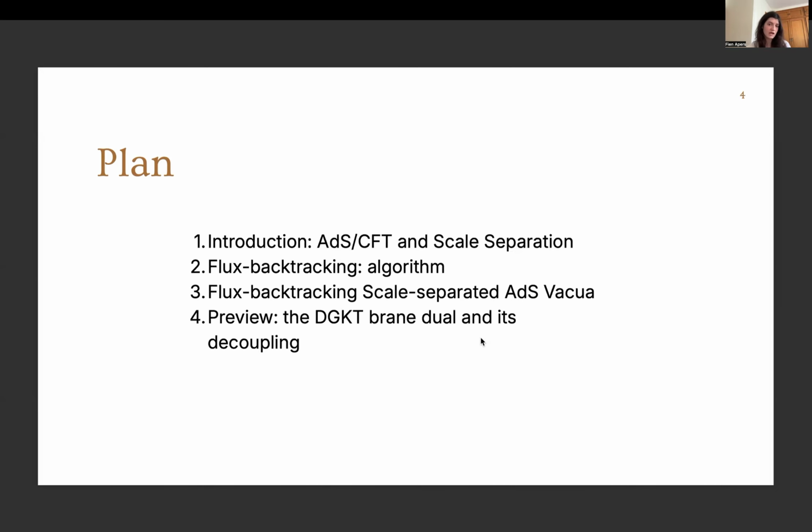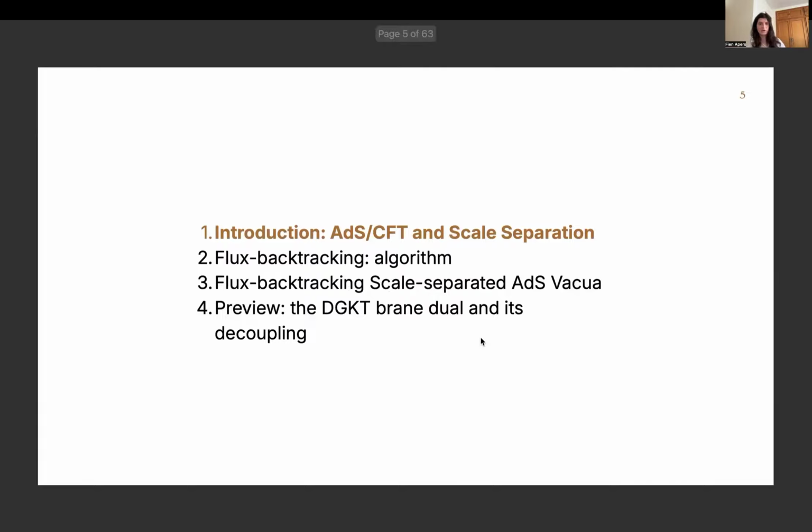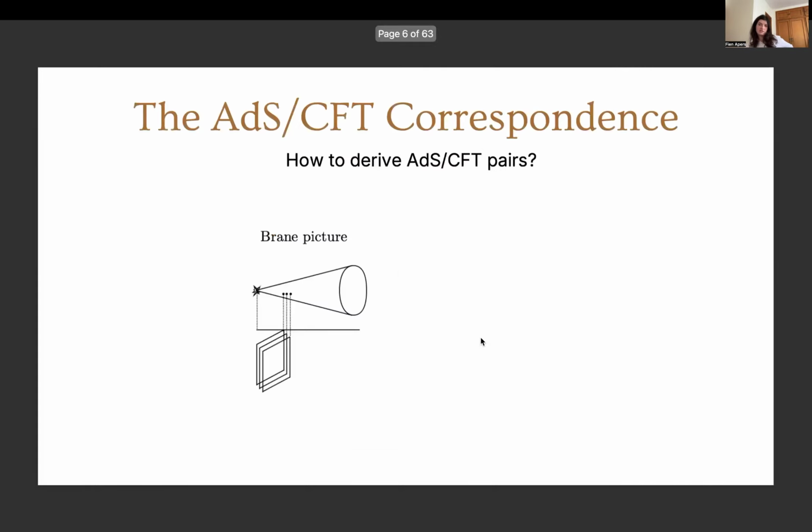Lastly, I'll preview how to complete this flux backtracking for the DGKT vacua concretely, and how you can use it to test its decoupling. I'll be very brief on the last part because this will be discussed next week in the Harvard online seminar in more detail.